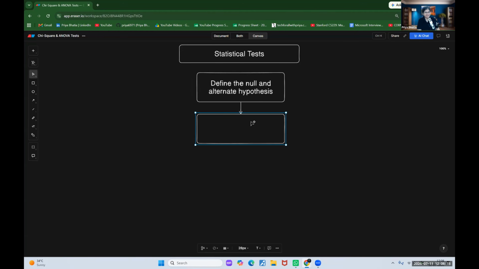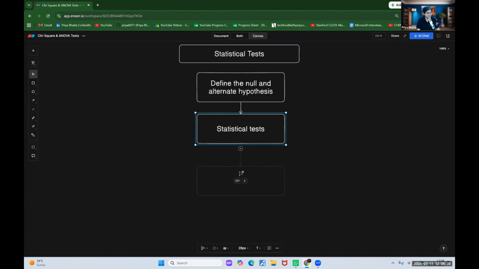Whether it could be z test, t test, today we will talk about chi-square and ANOVA test. Be it any test, I will call it a statistical test that we have to apply.